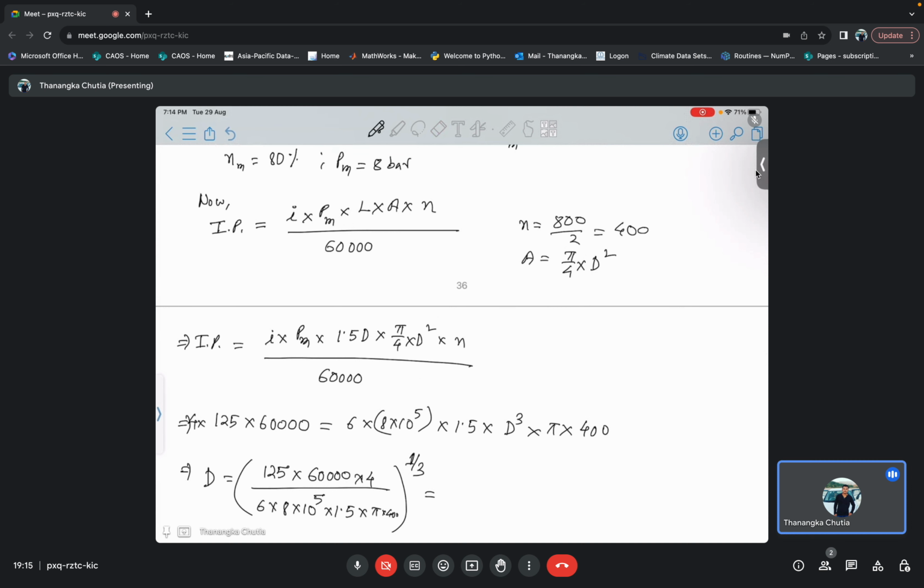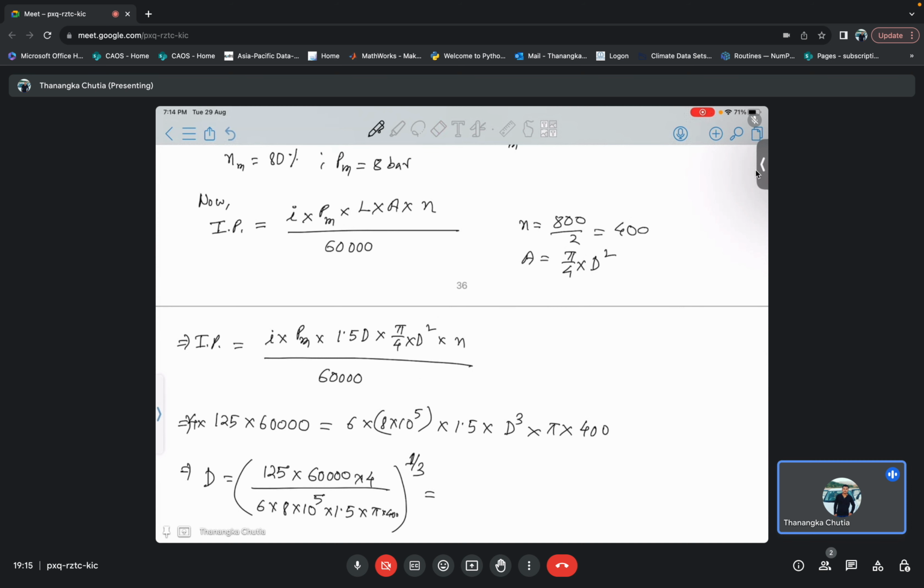1.25 into 60,000 into 4, 6 into 8 into 10 to the power 5 into 1.5 into pi into 400, to the power 1 upon 3.